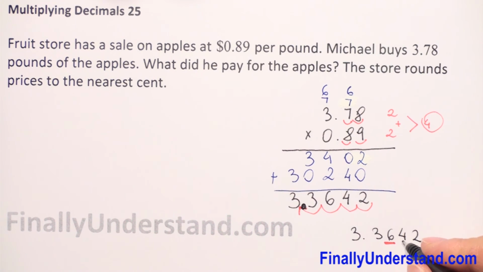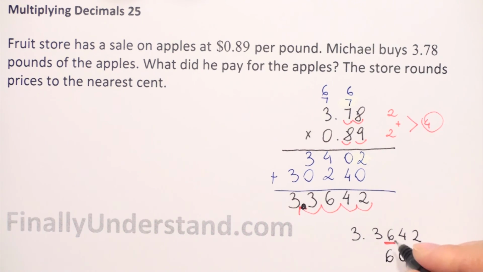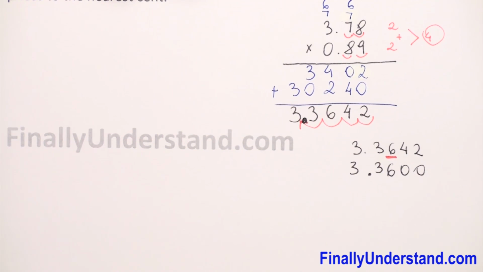We change every digit after our underlined digits to zeros, and our underlined digits we copy, and whatever we have before our underlined digits we rewrite. The decimal point we copy in the same column, and 3. The zeros after 6 we don't have to write because they don't change the value of our number.